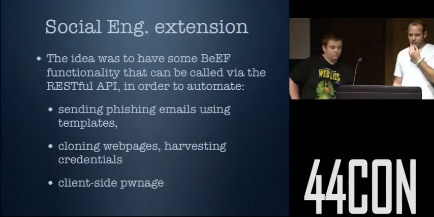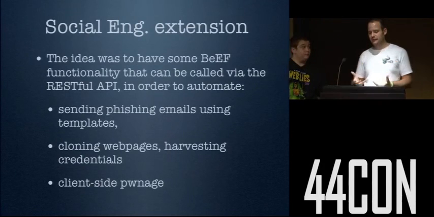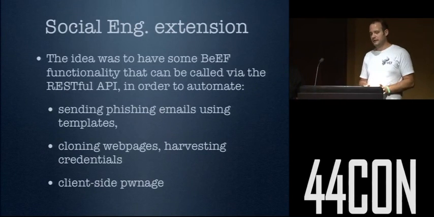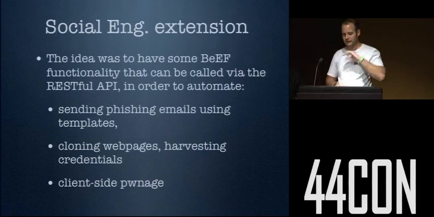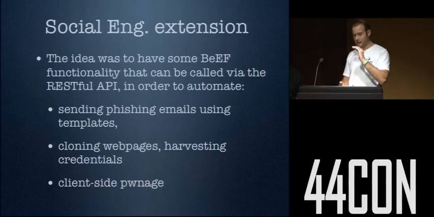Anyway, the social engineering extension, as we said before, we needed something that could automate sending emails. So a mass mailer that was easy to configure in order to have an HTML email.